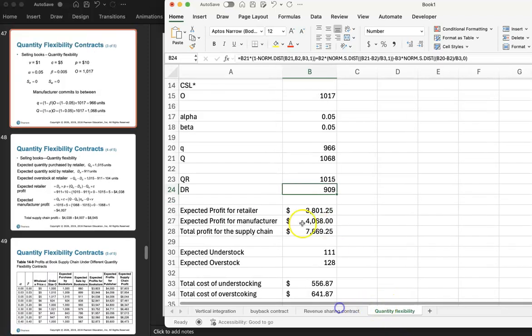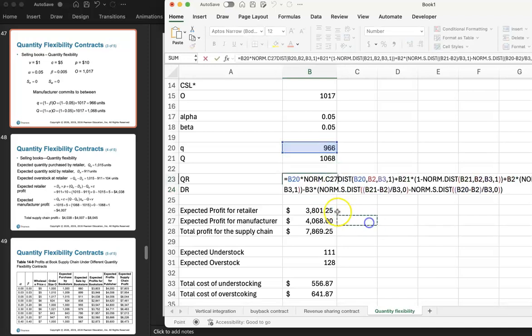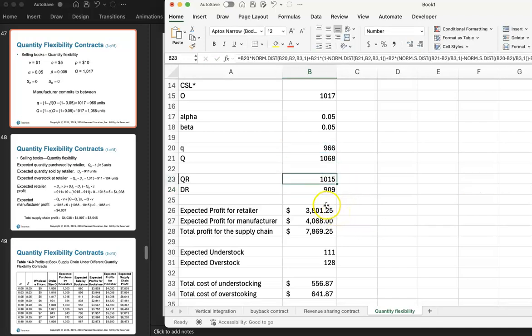I just sped ahead because I didn't want to spend more time showing you how to type in the formulas. You all already know that. So I typed in the formula. Now the number turns out to be slightly different from what we got in the textbook. The textbook says 911. It's 909. Again, it's all rounding errors here and there, so don't worry too much about it.